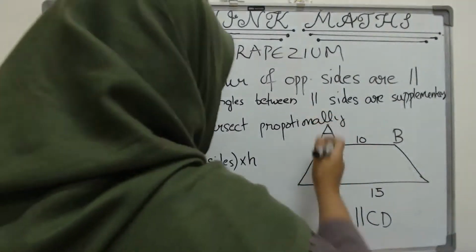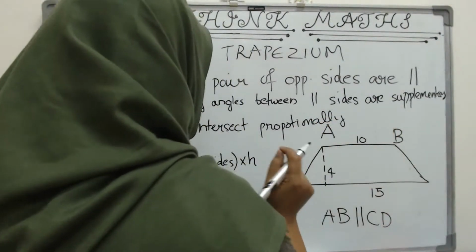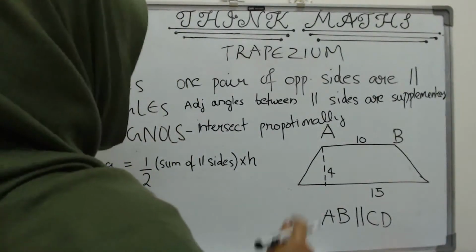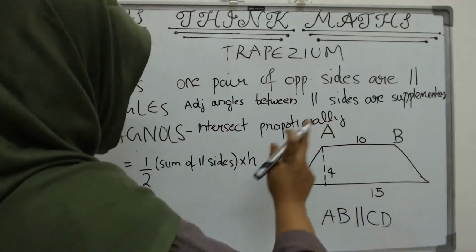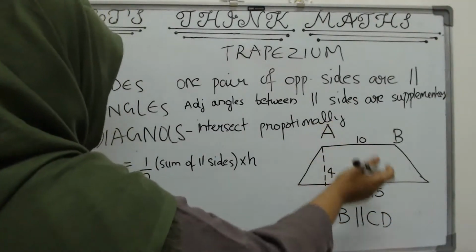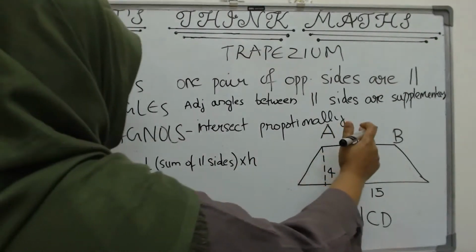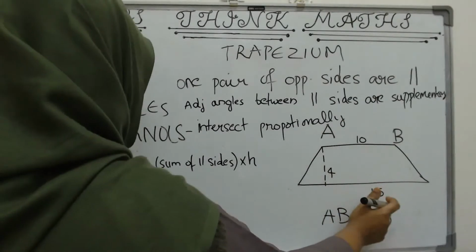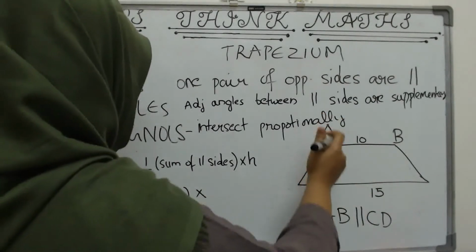So this is the height, and the parallel sides are known as the bases of the trapezium. So the area is the sum of the parallel sides. Remember, not the non-parallel sides but the parallel sides. See the two parallel sides? So the area is half of the sum of parallel sides, 10 plus 15 would be 25, into the height.